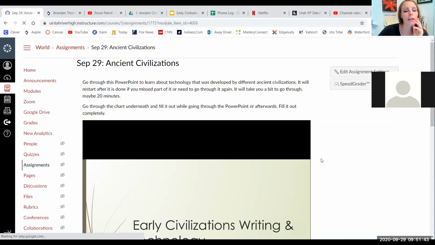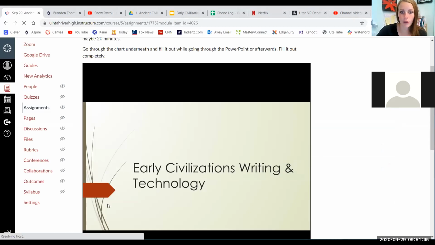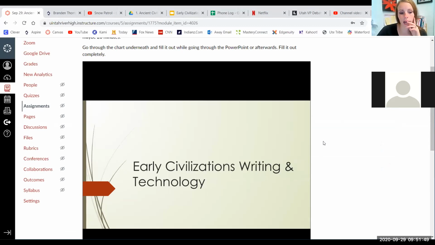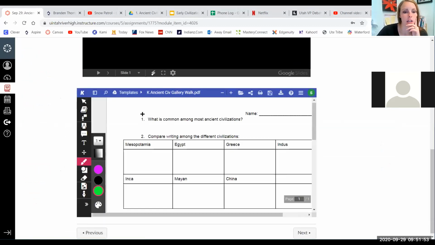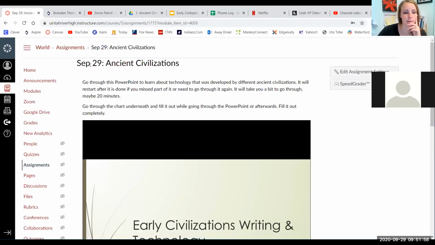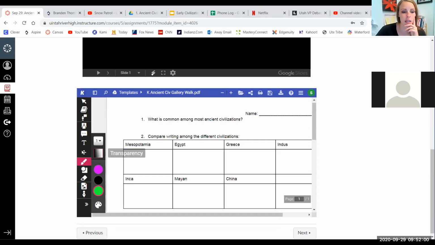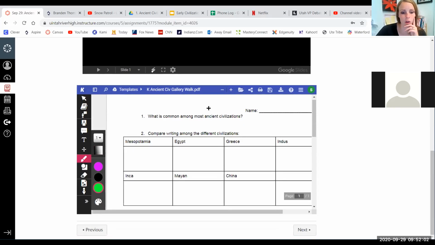On this, it has the PowerPoint that I'm going to be showing you guys. So I'll show that on my screen so you can see that on your screen, and you will have this open on the other side. So open up the assignment September 29th, Ancient Civilizations, and scroll to your assignment on the bottom, because that's where you'll be working, and screen split so that you can see my screen on the other side.